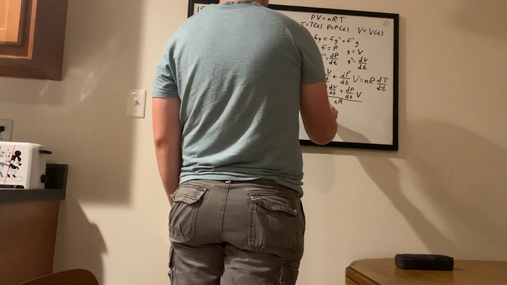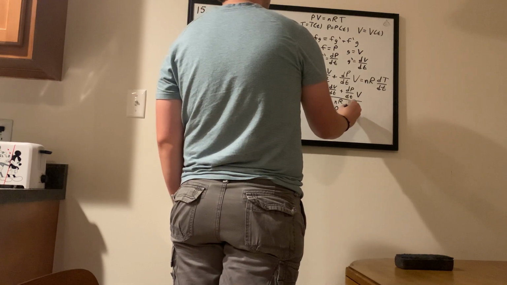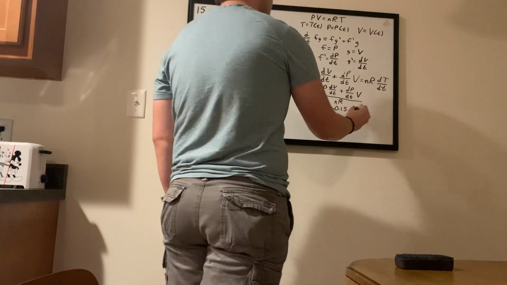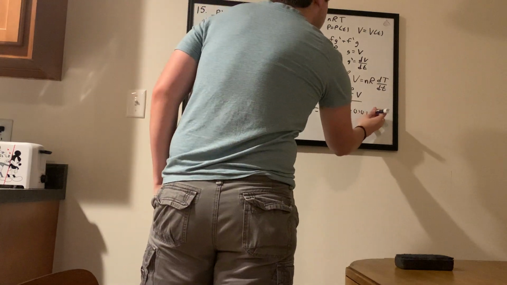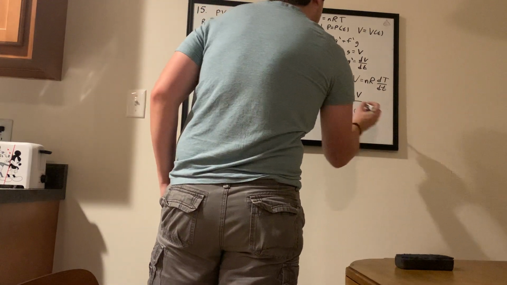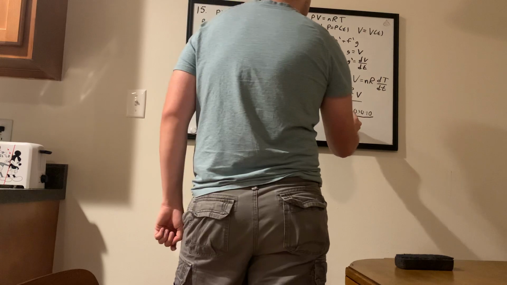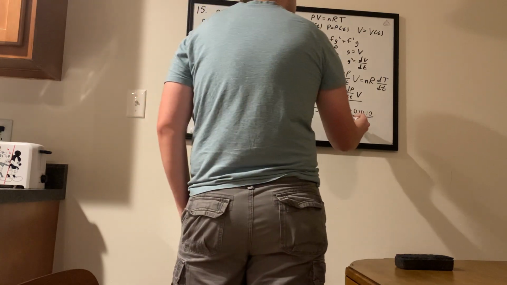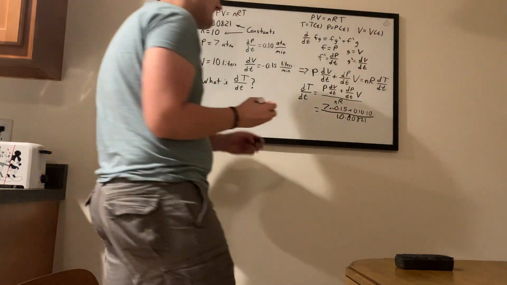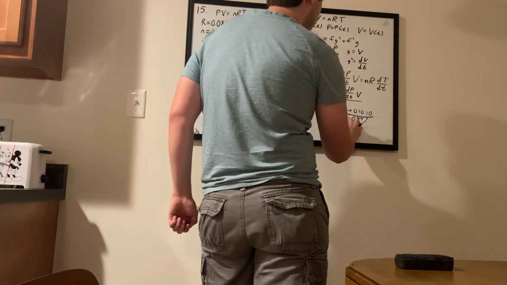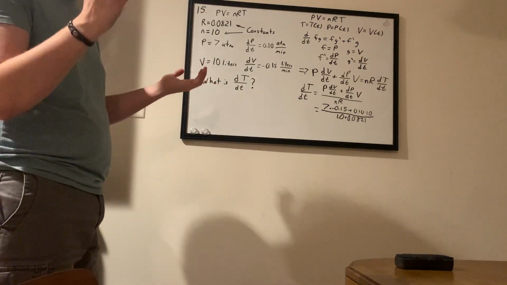P is 7, dV over dt is negative 0.15, dP over dt is 0.1, and V is 10 liters, and that's all divided by n times R, which is going to be 10 times 0.0821.